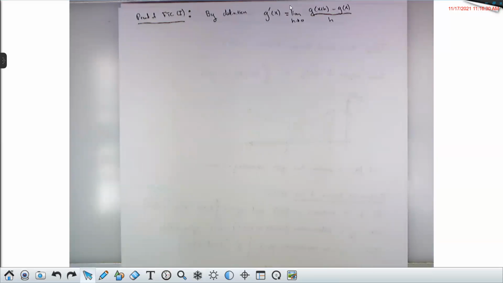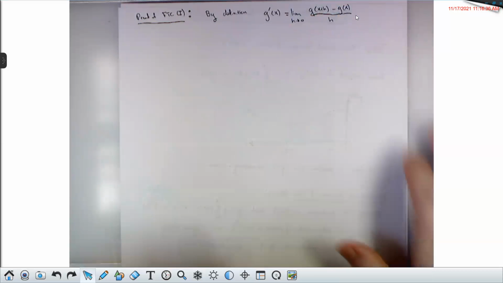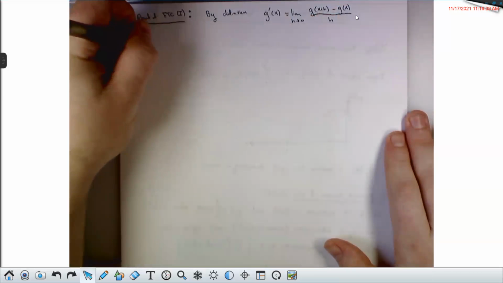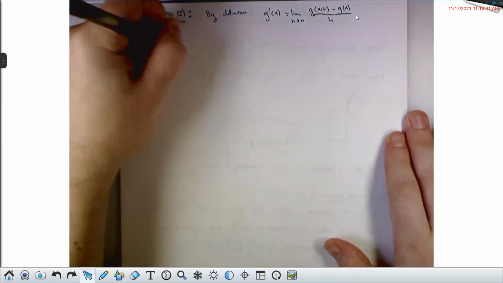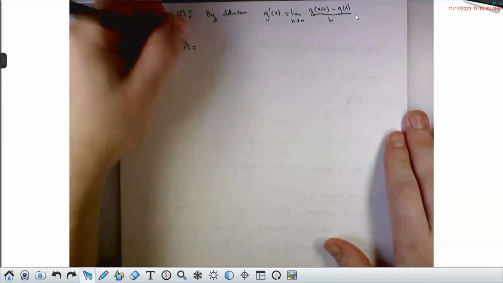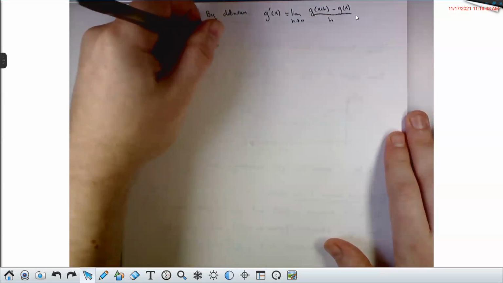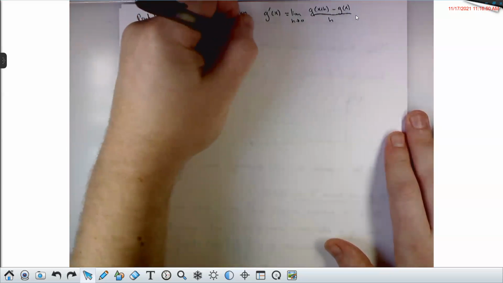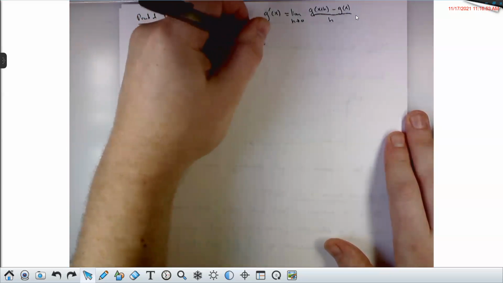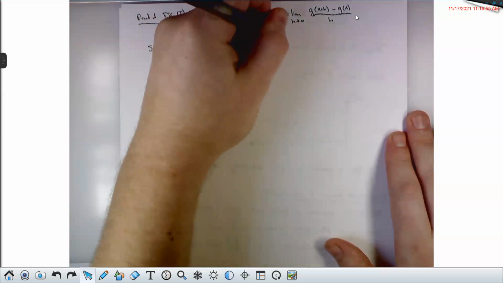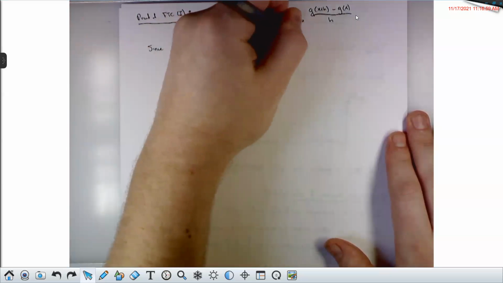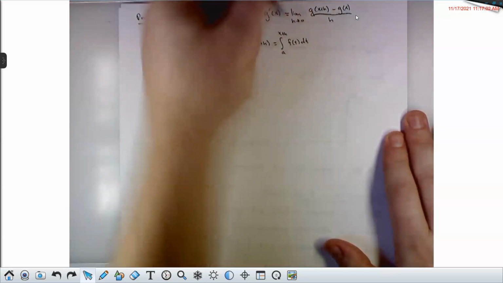And the way we're going to get to calculating this is by first working with the numerator. So since g of x is the integral from a to x of f of t dt, g of x plus h would be the integral from a to x plus h of f of t dt.